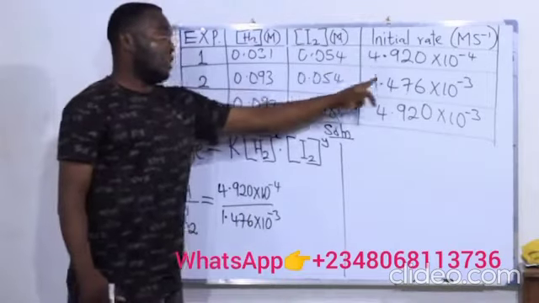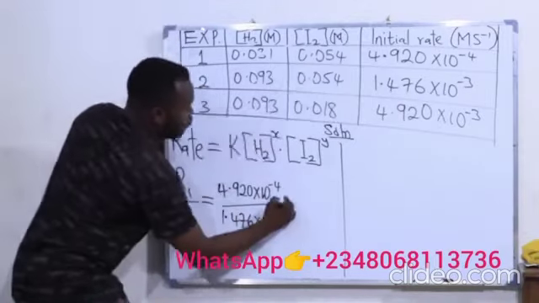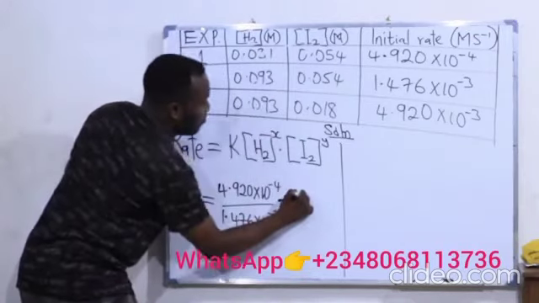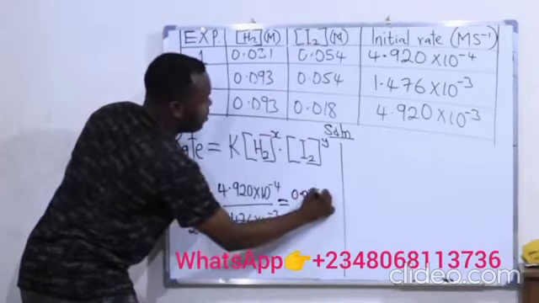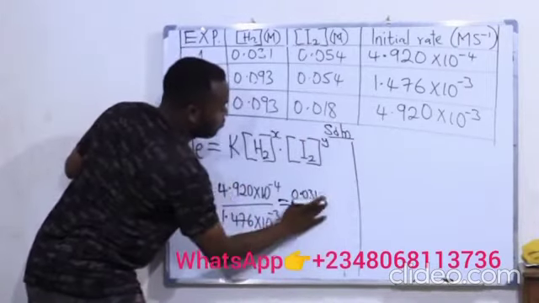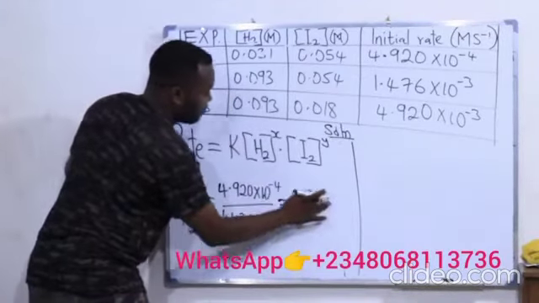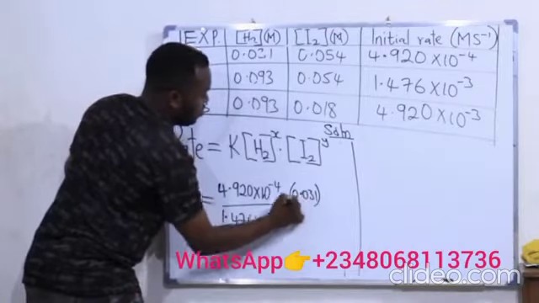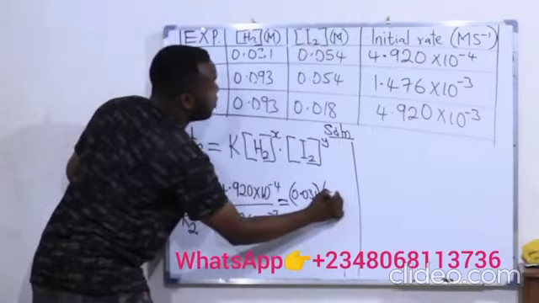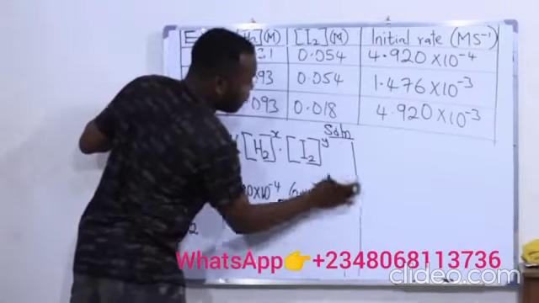If I do this over this, it will be equal to this over this. So it will give me this times this, which is 0.031 times, this is concentration, I will multiply with this 0.054. That's 0.054.